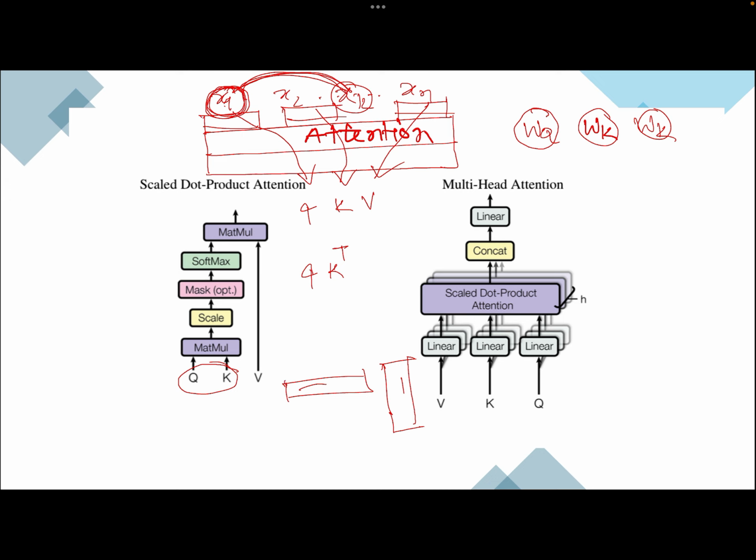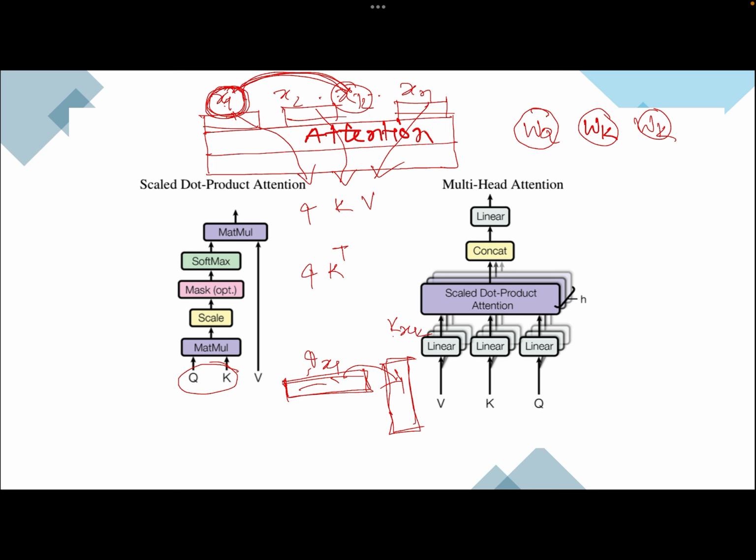This is the query of x1, and this is the key of xk. If we multiply them, we get a value. That value represents how much connection they have.